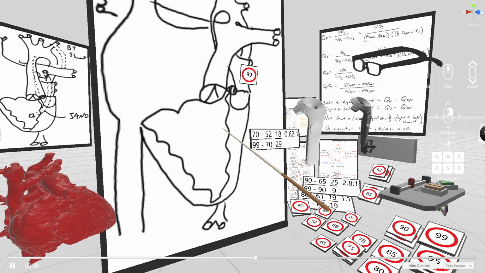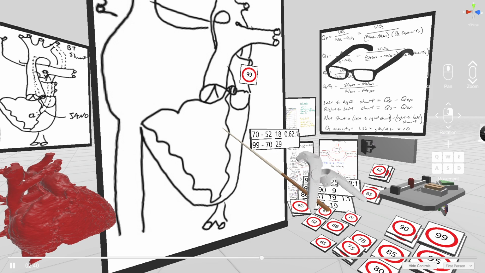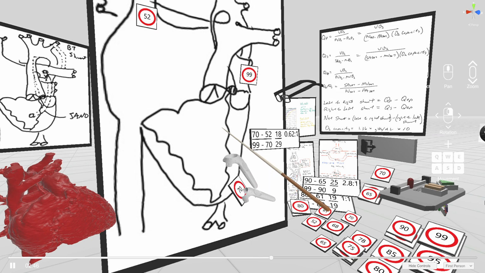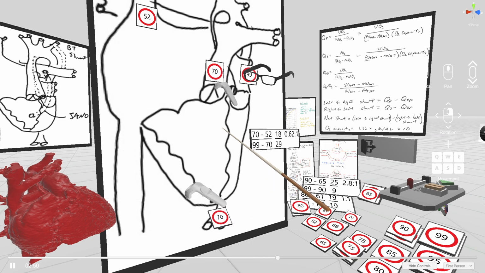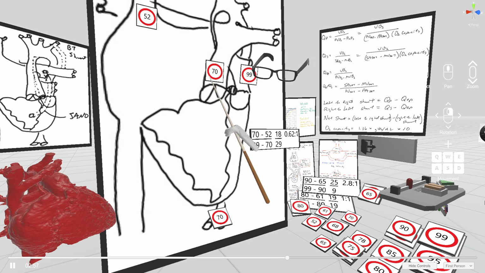So pause it, and then when you return, check and see how you did. Okay, so mixed venous, 52. We have systemic saturation, and we have the pulmonary arterial saturation, which you can see here, systemic minus mixed venous over pulmonary venous minus pulmonary artery.